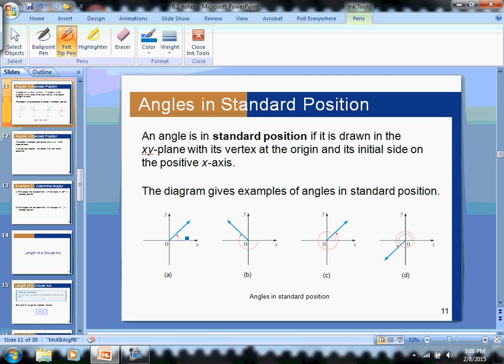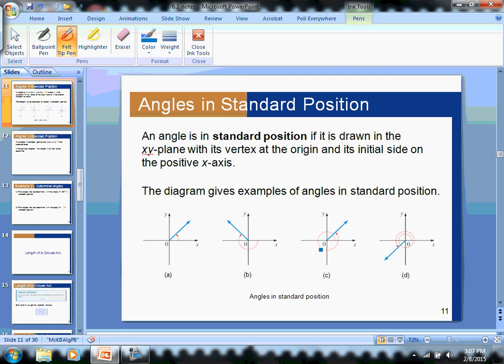And then we're either going to move up and to the left for positive measures, or down and to the left for negative measures. And we basically just draw that opening until we get however many degrees or radians we need to, and then we draw the other ray, we draw the terminal side. And it's good to draw this little arrow that goes around as well, so it's showing direction.